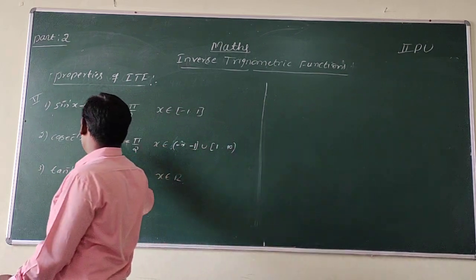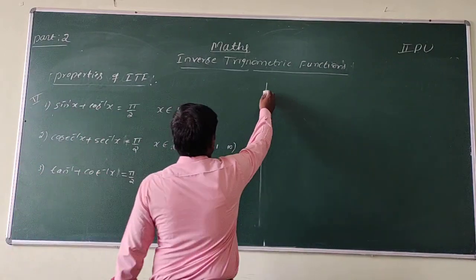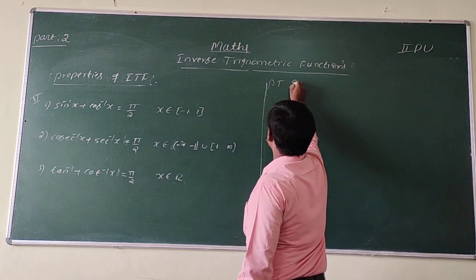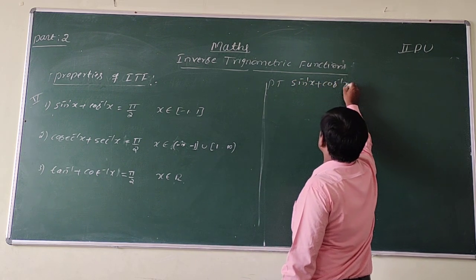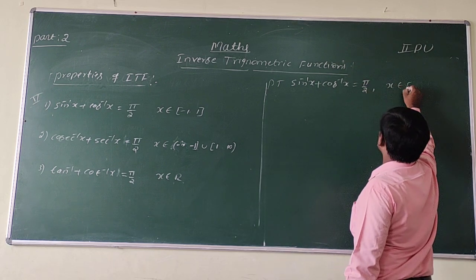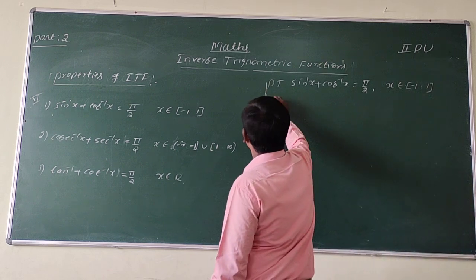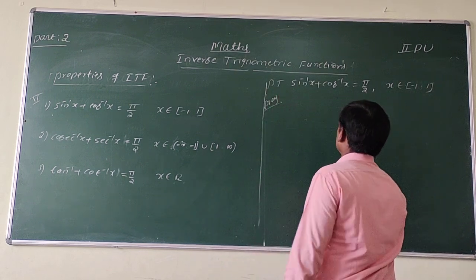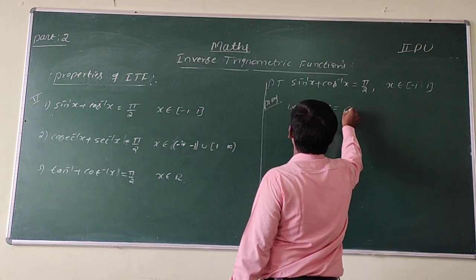Now I want to show the proof here. The first one: prove that sin inverse of x plus cos inverse of x is equal to pi by 2, where x belongs to minus 1 to 1. Proof: let sin inverse of x be equal to theta.